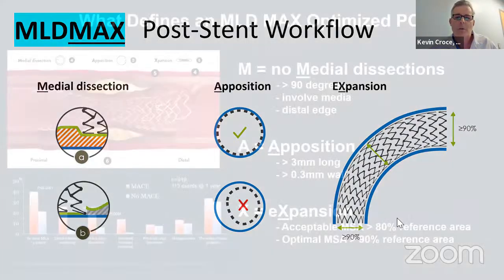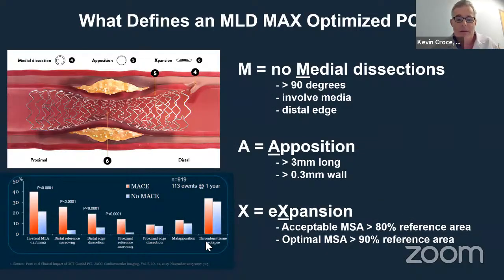And so once we're able to understand that the stent is in, we can talk about what constitutes an MLD max optimized PCI. The M is no major medial dissections. We worry about ones when they're greater than 90 degrees, involve the media, and are certainly at the distal edge where they're more dangerous. We look to see good apposition and expansion that's at least 80, but preferably 90%.